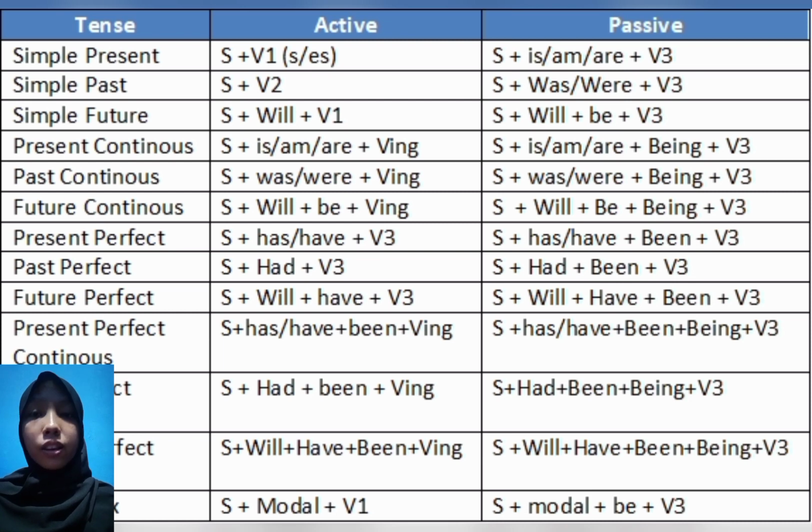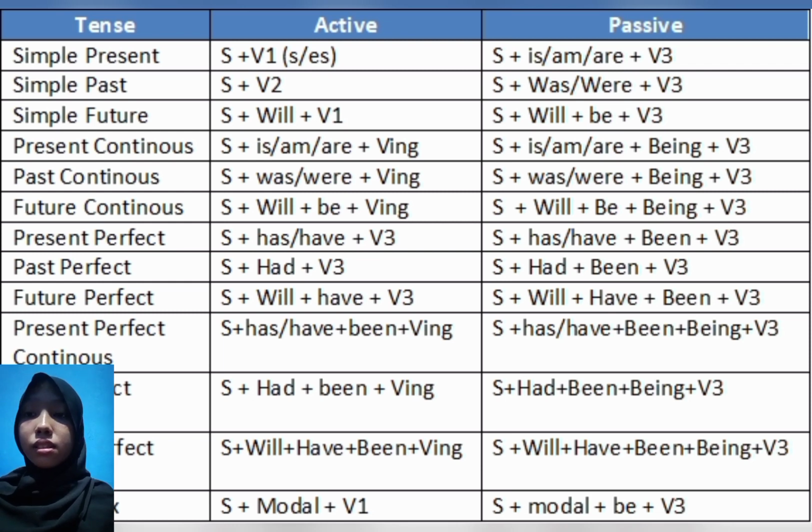Pattern passive: subject was or were plus verb 3. Simple future, pattern active: subject will plus verb 1. Pattern passive: subject will plus be plus verb 3.